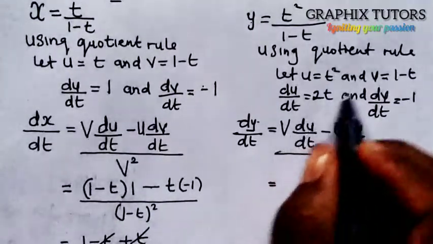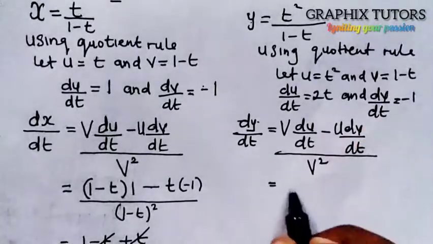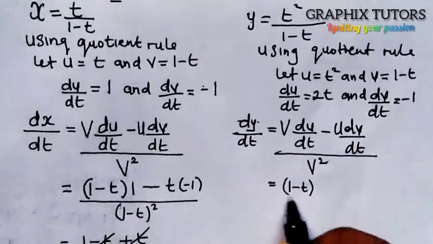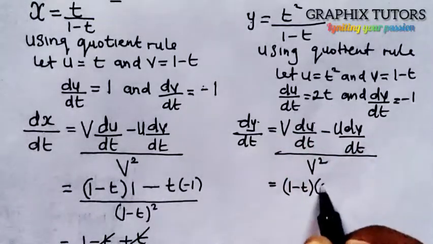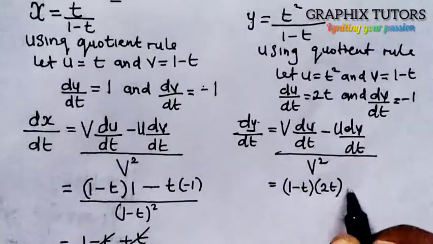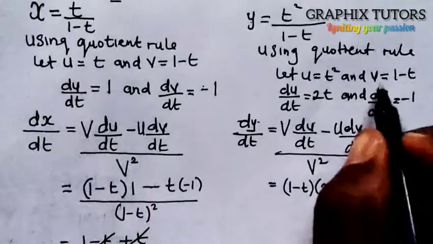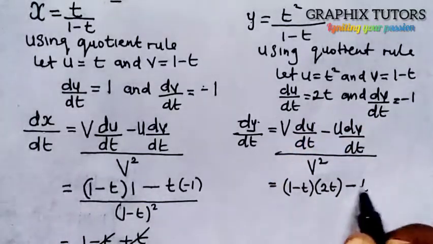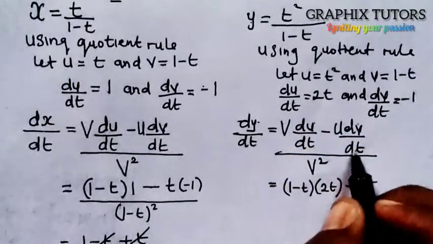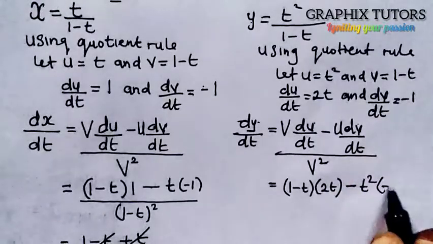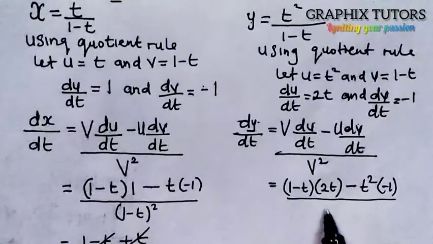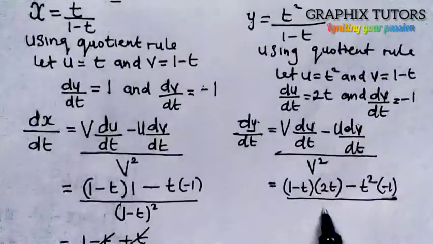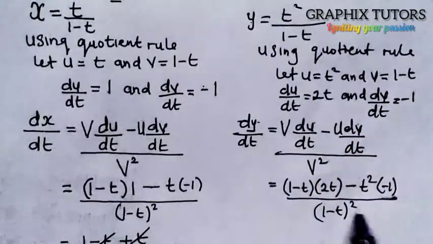What is my v? My v is 1 minus t. What is my du over dt? Du over dt is 2t, minus, what is u? U is t squared. And what is dv over dt? Minus 1. So everything all over v squared, which is 1 minus t all squared.